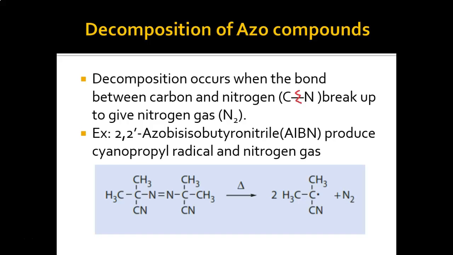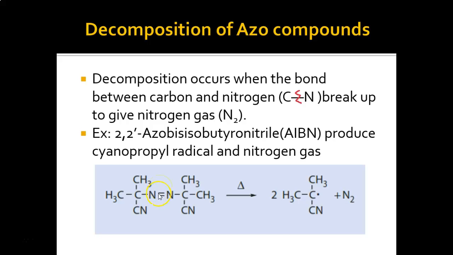The decomposition occurs when the bond between the carbon and the nitrogen breaks up to give nitrogen gas. So this one is the structure for AIBN. The breakup of the bond is happening here between N and N at the double bond here.